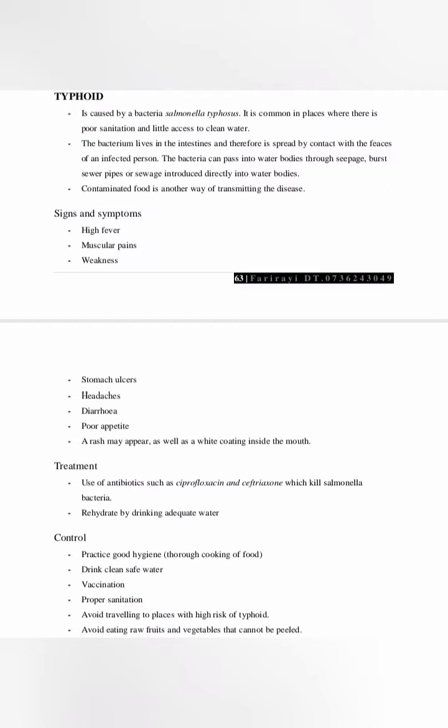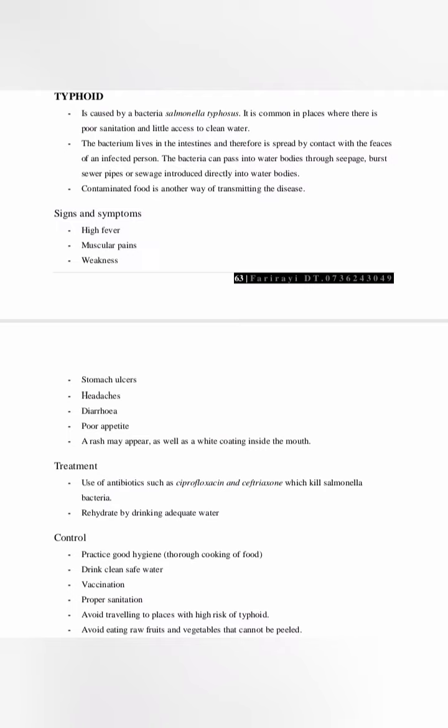Proper sanitation, make sure that where people go for their number two, it's not going to affect other individuals, as in people won't be in contact with any feces, no matter what, right? And then you must avoid traveling to places where there is a high risk of typhoid.